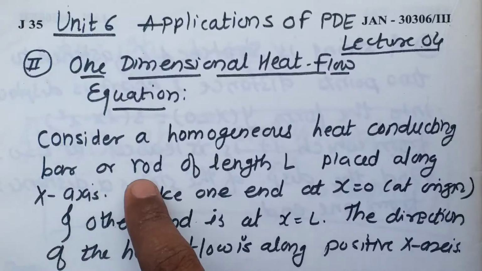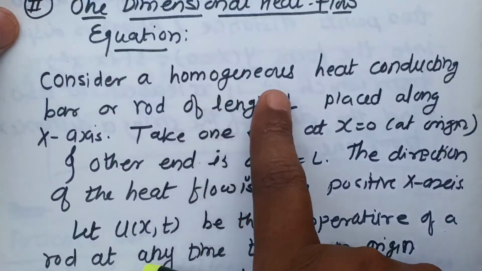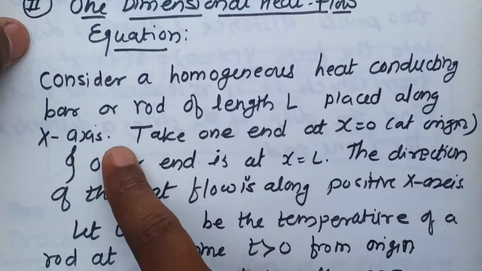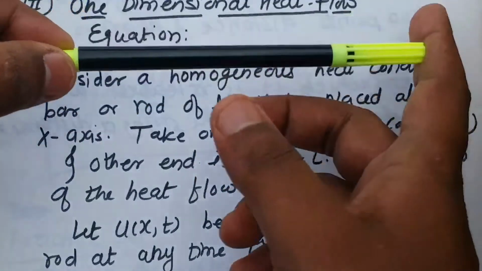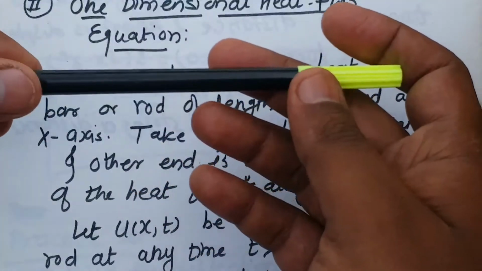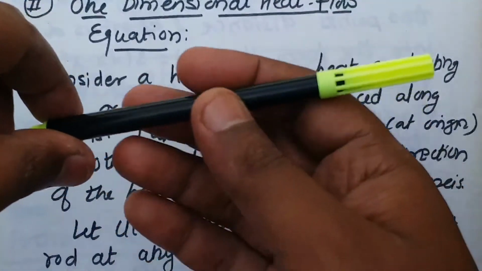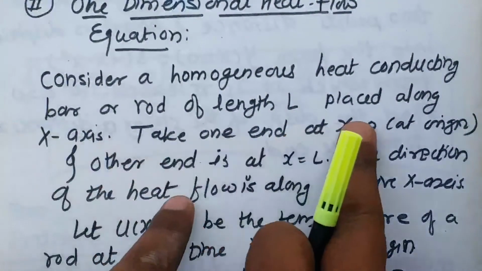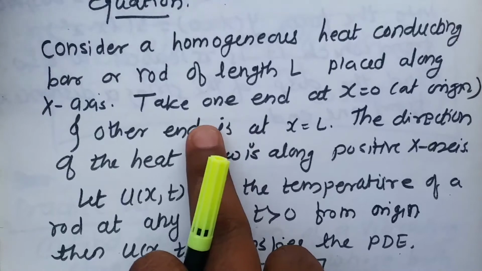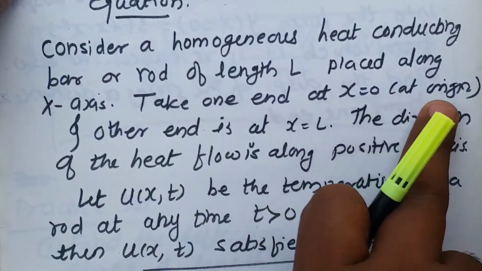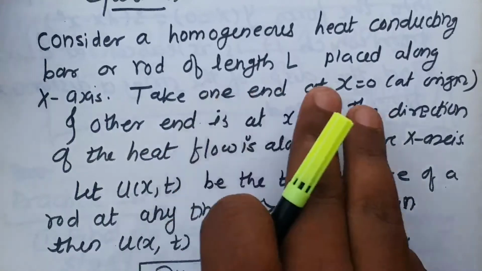For that purpose we have considered a homogeneous heat conducting rod or bar of length L. So some bar or rod of length L, like the string. In the wave equation we considered a string of length L. Here we'll have a bar or rod through which heat is flowing, placed along the x-axis again, like a string. Take one end at x equal to 0, that is at the origin, and the other end at x equal to L distance.